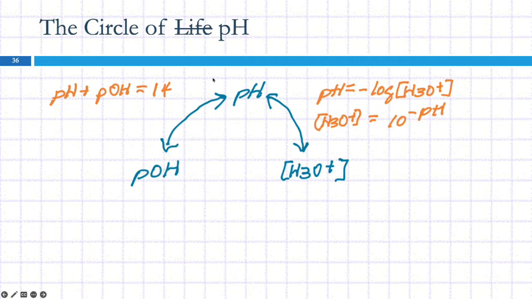The other piece here is hydroxide ion concentration. We can calculate pOH from the hydroxide ion concentration.